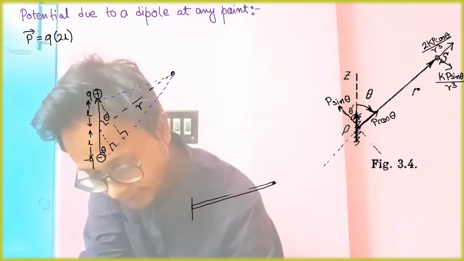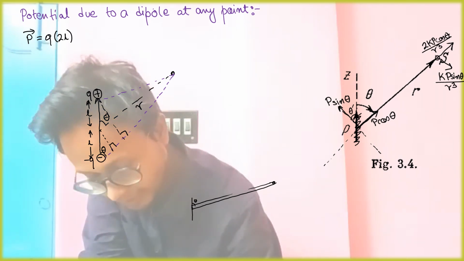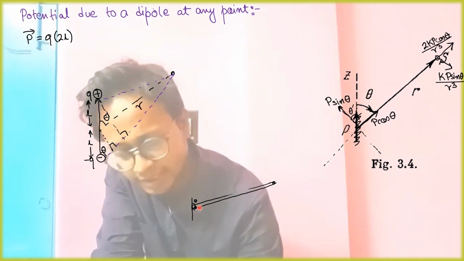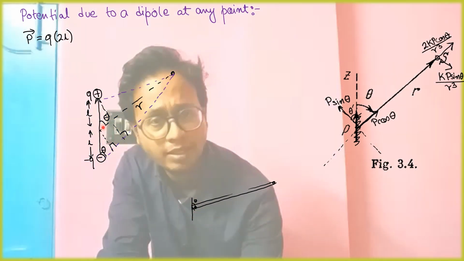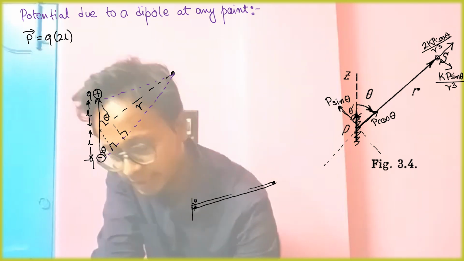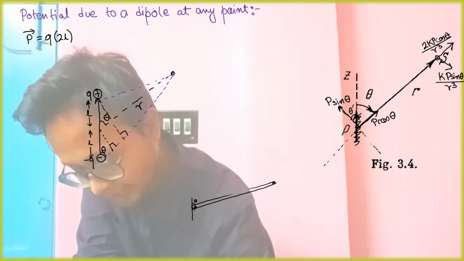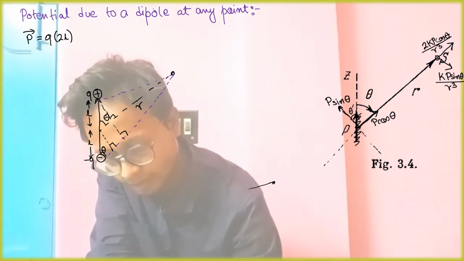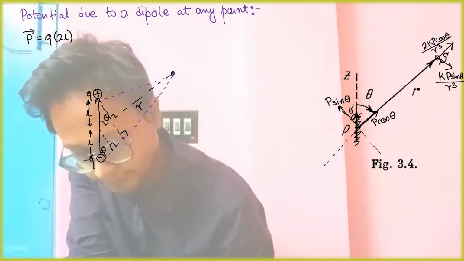So if I say this angle is theta, this angle is also theta, no? Although I know the bottom angle is a little bit less than theta, I can approximate them as equal. The same thing is happening here. If this angle is theta, this angle is also theta. If this angle is 90, this angle is 90, and this angle is also 90. Understood? Now the problem becomes very simple.